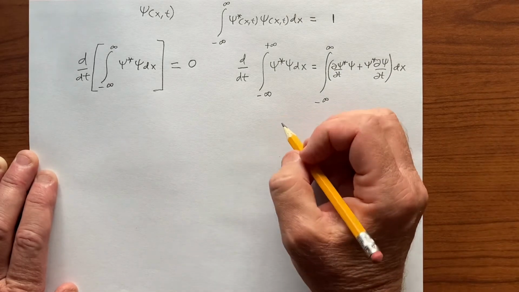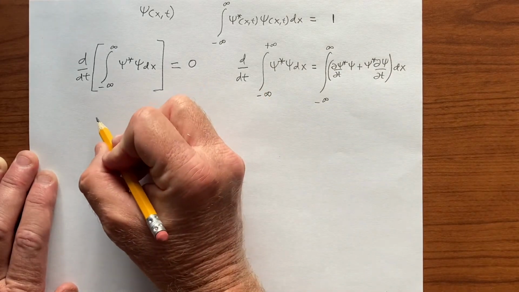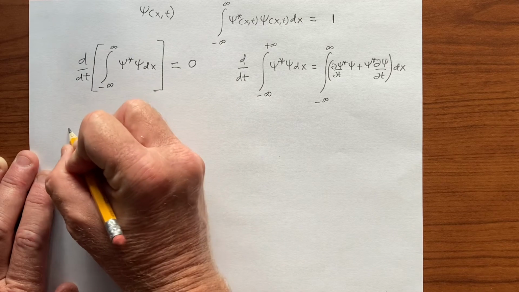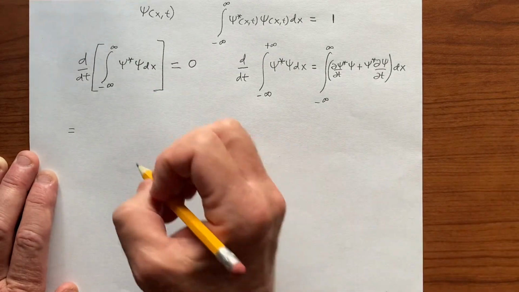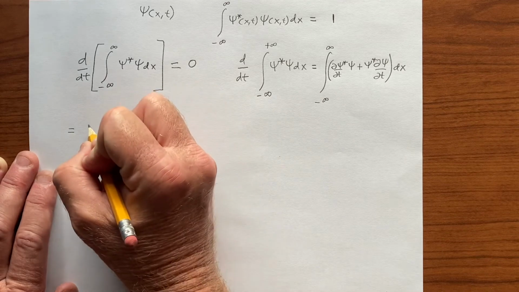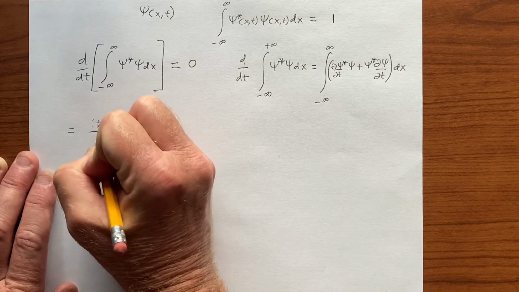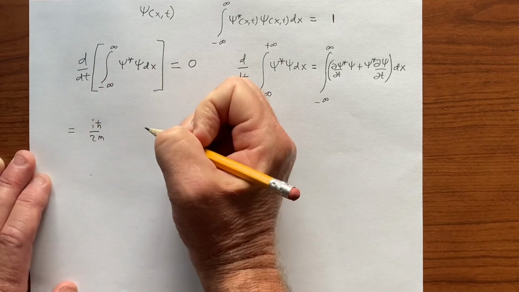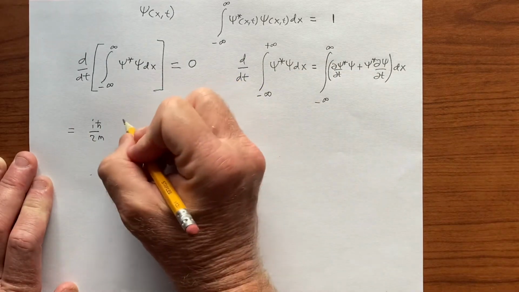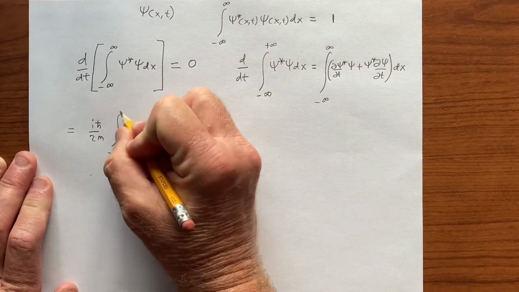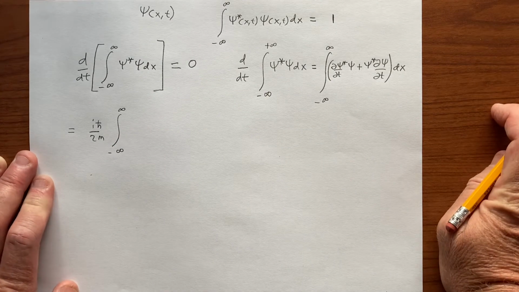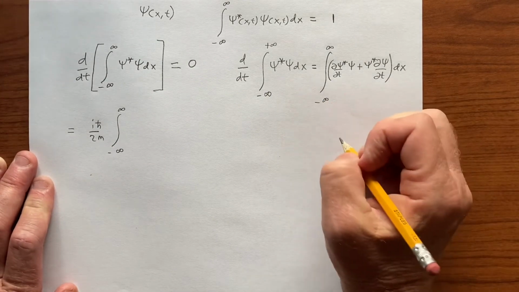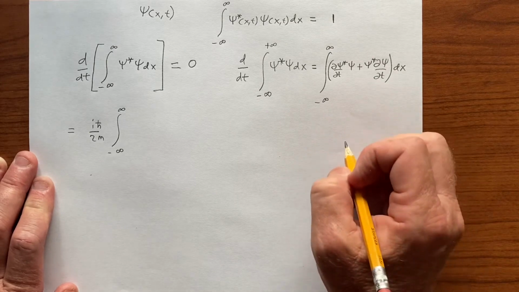So let's not write out the Schrödinger equation again; we've seen this before. By virtue of the Schrödinger equation, we get i h bar over 2m times the integral from minus to plus infinity. We actually have two derivatives of psi, and then we have potential terms.